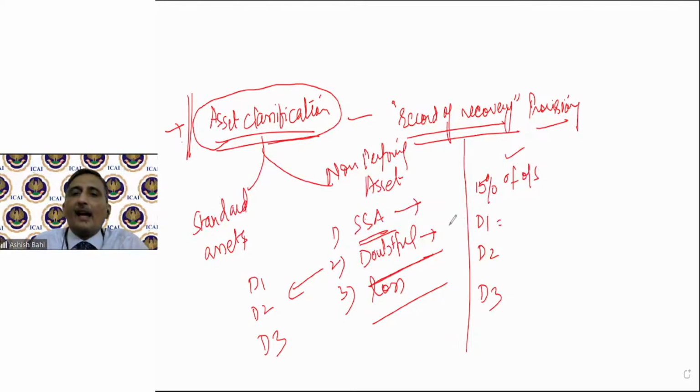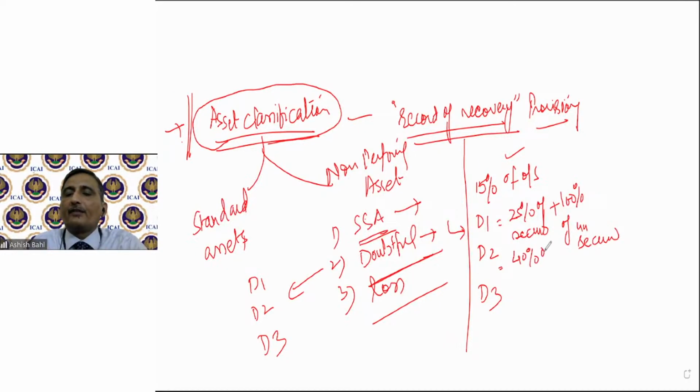D1 is an asset which remains doubtful for a period up to 1 year. So the provision amount is 25% of the secured balance plus 100% of the unsecured balance. And in D2, it is 40% of the secured balance plus 100% of the unsecured balance.